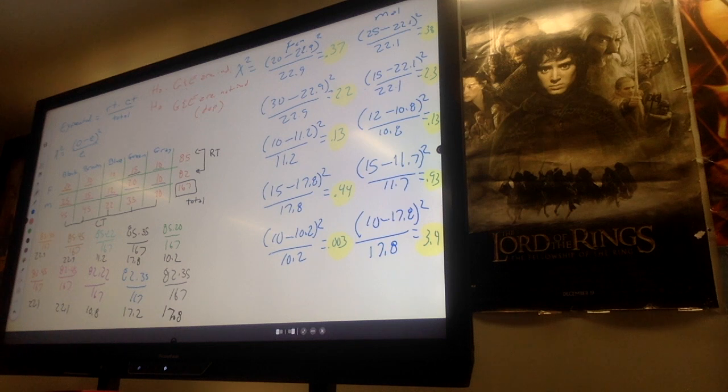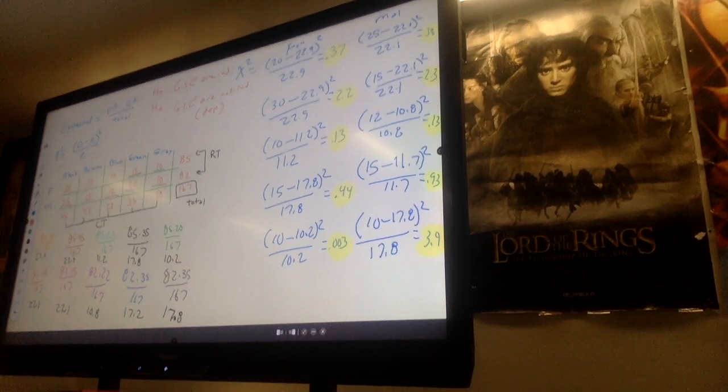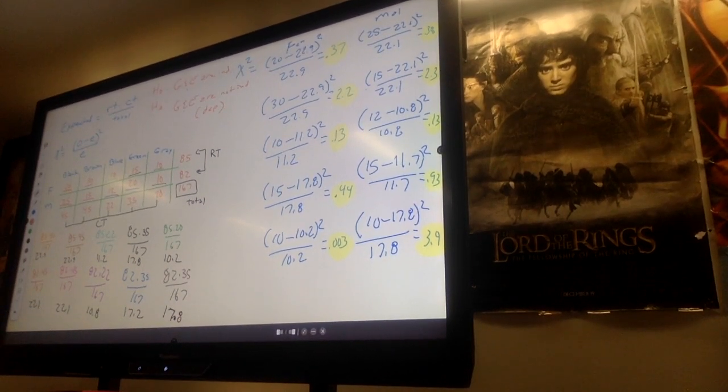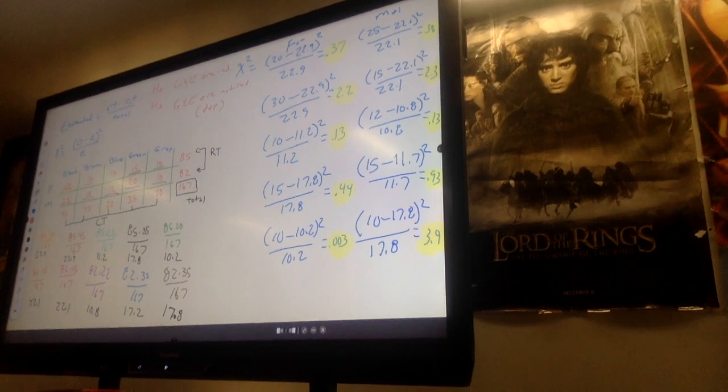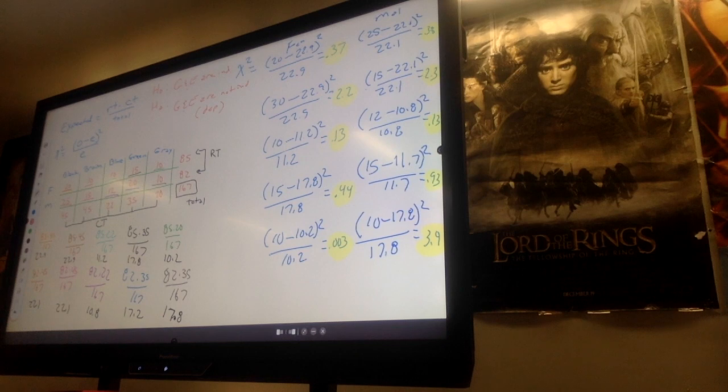Alright, so our chi-square test statistic. All of those highlighted yellows I have to add up. So I'm going to get 0.37 plus 2.2 plus 0.13 plus 0.003 plus 0.38 plus 2.3 plus 0.13 plus 0.93 plus 3.4.